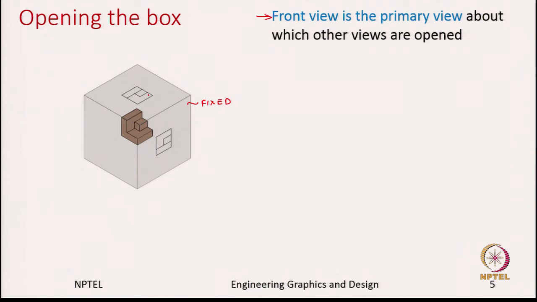Now, the top view we have captured needs to be opened. How do we open it? We open it about the edge which matches the frontal plane and the top plane. So, about this edge I will rotate it. If you look, we are gradually opening this top view. Since we captured it on the horizontal plane, we are rotating that plane so that finally it is in line with the front view.